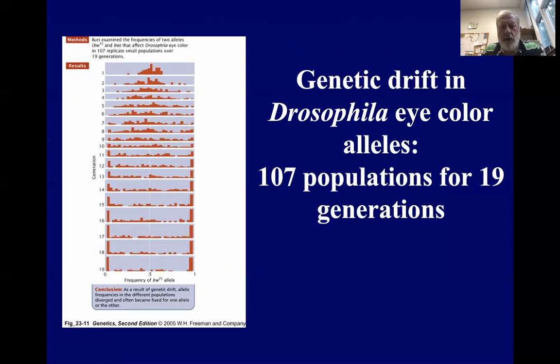And then as time goes, you can see that the bars at either end of this graph increase in size, indicating that in more populations, the alleles were becoming fixed or extinct. And you can see that there's fewer populations where both alleles are still present. And so this shows the effect of genetic drift over 19 generations in 107 different populations of fruit flies.